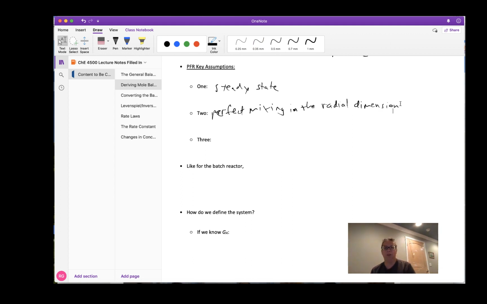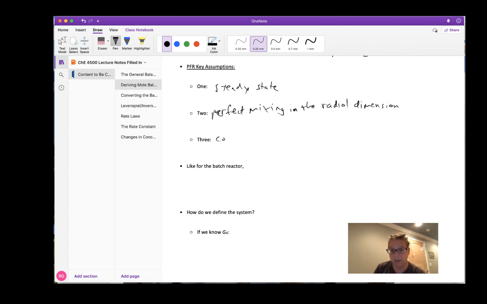And the radial dimension. The last assumption has to do with this continuous variation of the concentrations, and also, if we were looking at a non-isothermal case, of the temperature as we travel down the length of the reactor. So this assumption is that it's continuous.